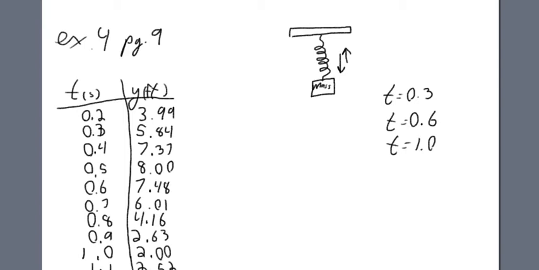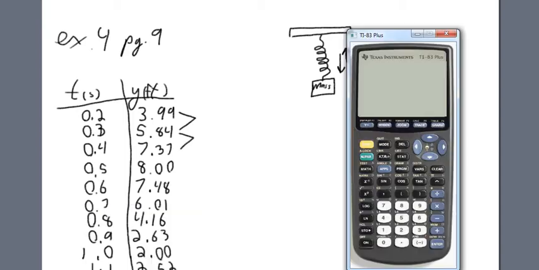However, we can use our table of values. So firstly, let's look at time of 0.3. Right here, so we're going to look at the change from here to here and from here to here. So let's check out my calculator.